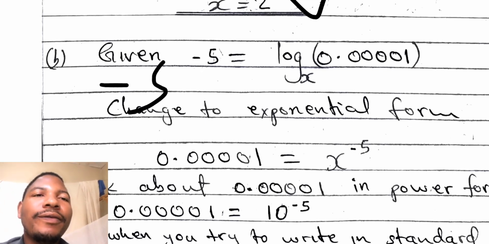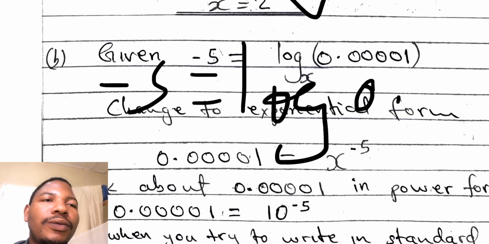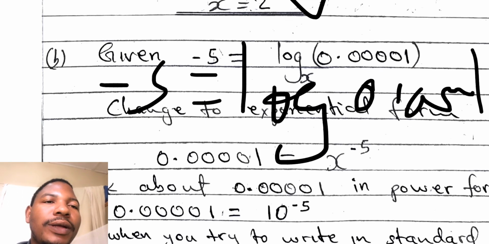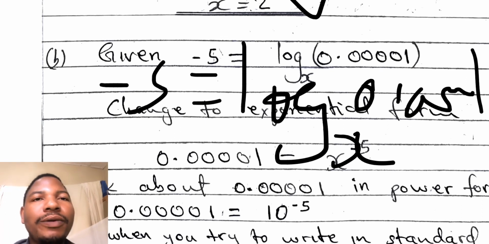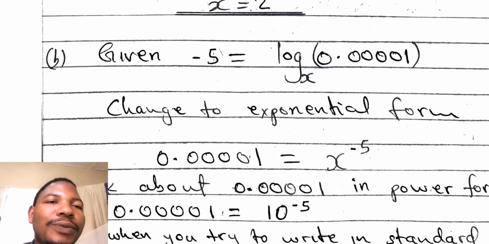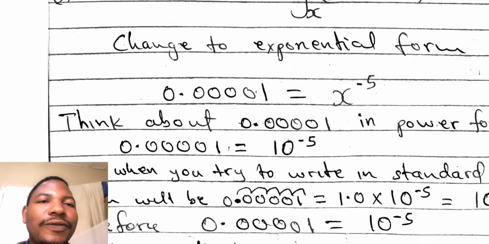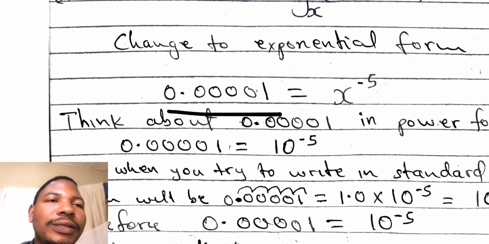Here you have to change this logarithm form into exponential form. If you change to exponential form, it will be 0.00001 is equal to x exponent negative 5.